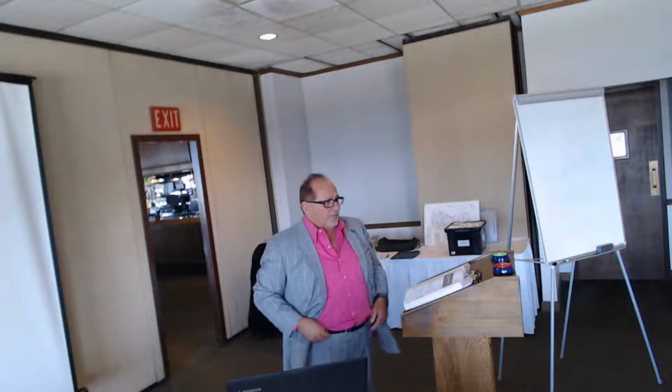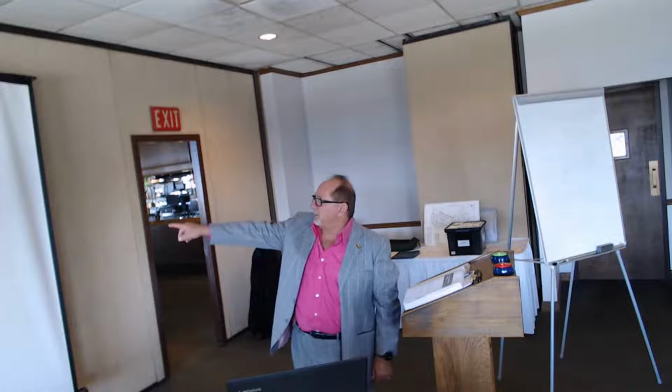With a title theory state, the borrower gives the deed to the lender. That would be called a deed of trust loan because they're given the deed. And then usually a third party, the trustee, holds that.